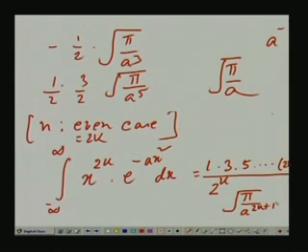Then what happens? 2k plus 1 is actually n. So, you can just put it 1, 3, 5 up to n.